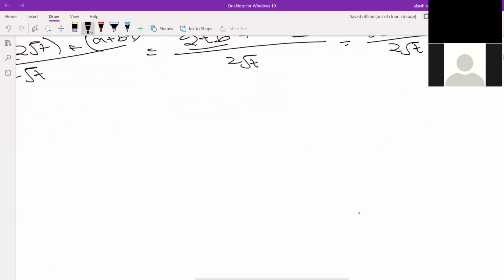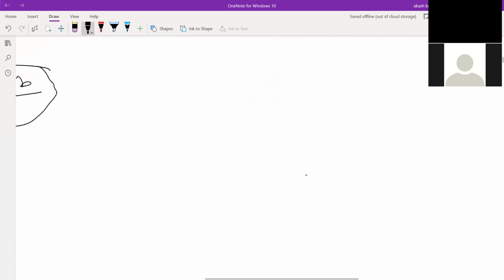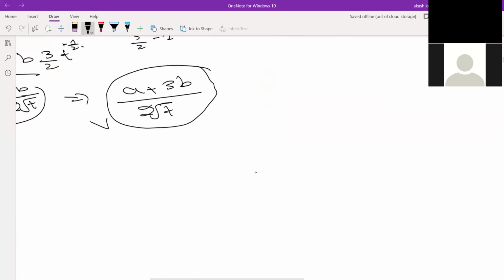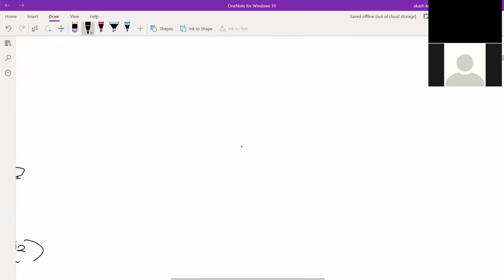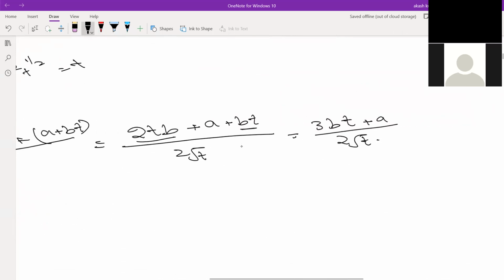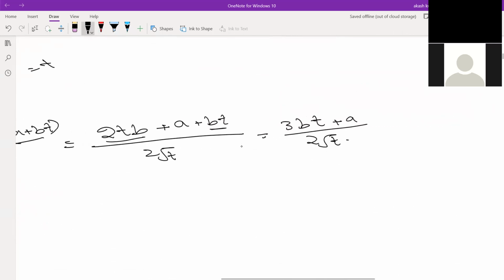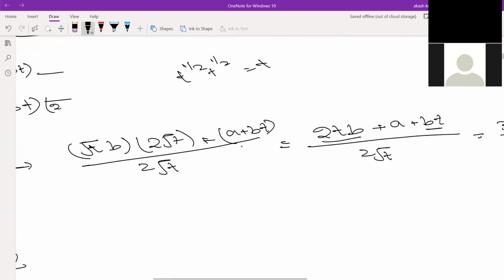Let me check if we got the same answer. Is there any other further simplification required? A plus 3b over 2 square root t. Why have we got an additional t here?